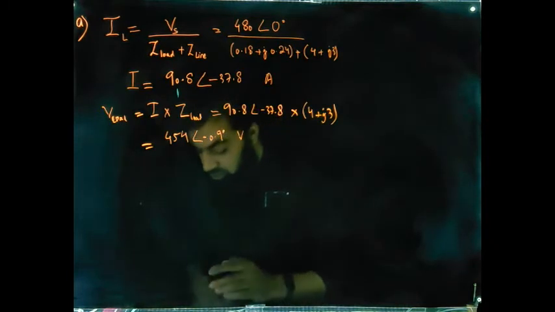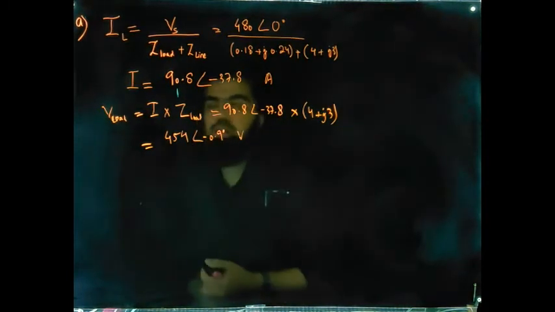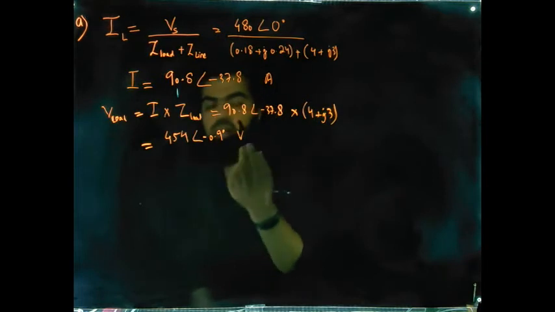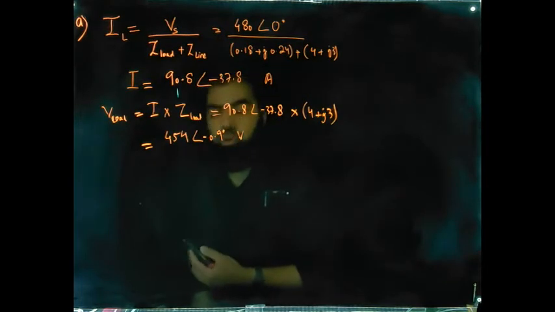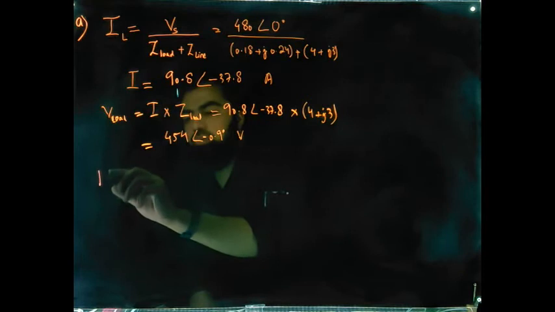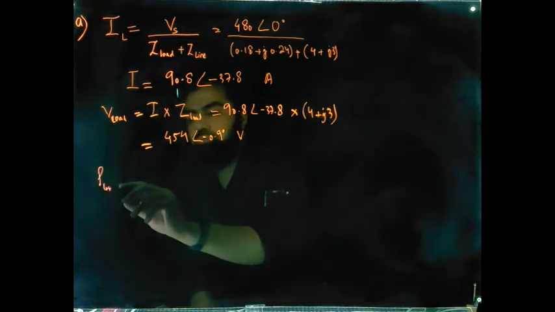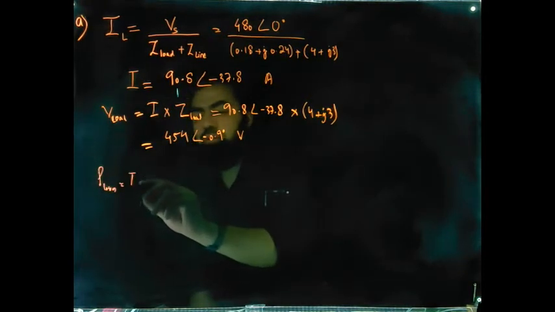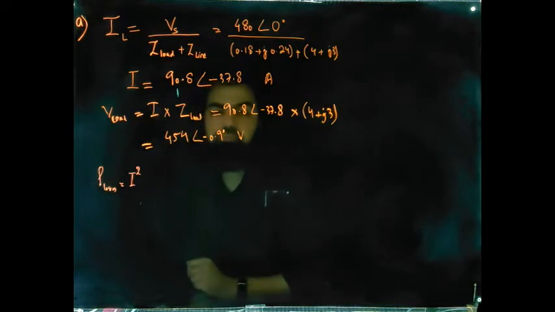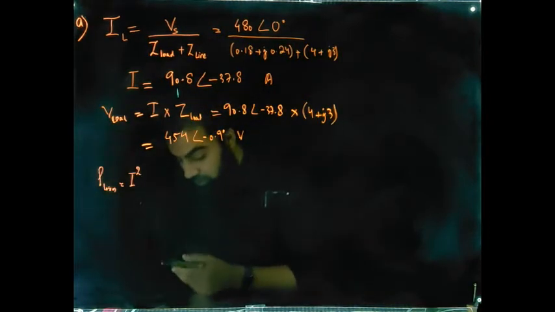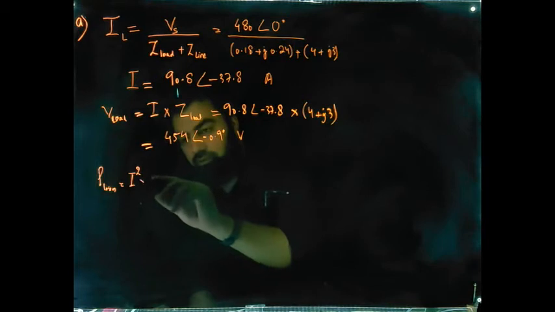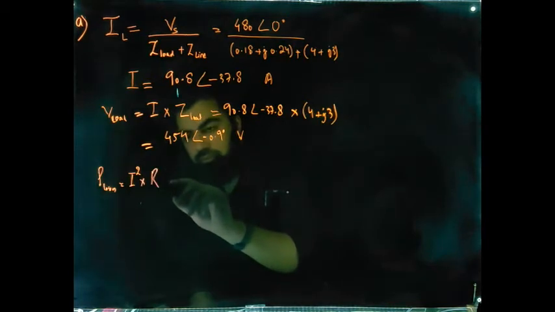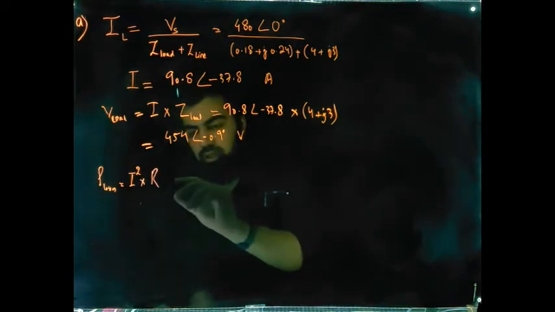Now with this voltage, we have calculated one thing, V load, and second we have to calculate the losses in this circuit. So what will be the losses? That will be simply equal to I square into R of the line.